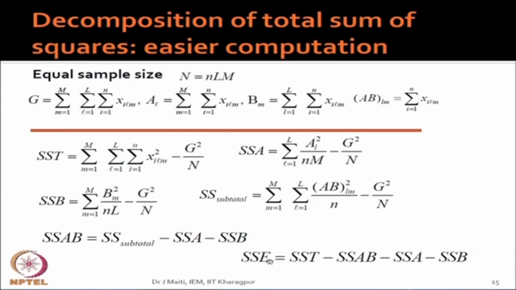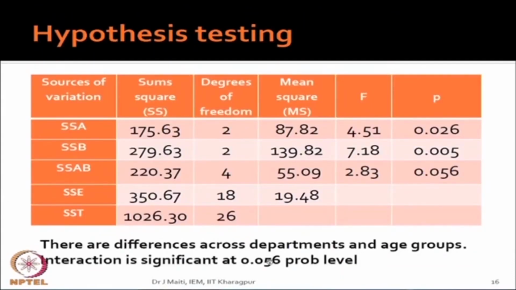And then we have also seen the ANOVA table. This is the ANOVA table with sources of variation, different values, and degrees of freedom. You found that the MS for factor A is 87.82, for factor B it is 139.82, for the interaction A and B it is 55.09, and MSE is 19.48.